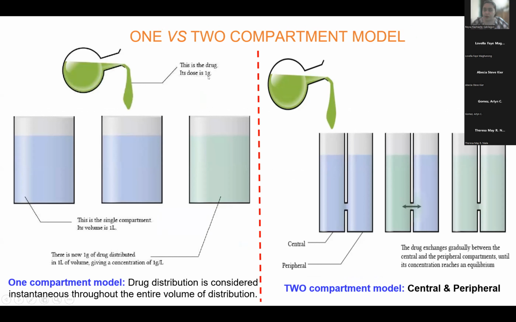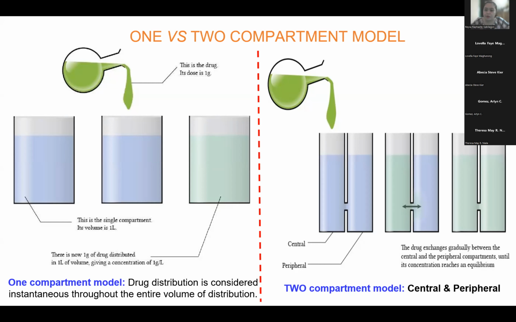If we use this concept, it means after administration, the whole body will have a homogeneous amount of drug instantly, because it is only one compartment. We will treat the whole body as one compartment, and after administration, all parts of the body will have an instant, homogeneous amount of the drug.